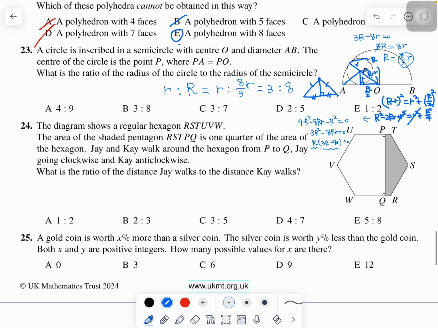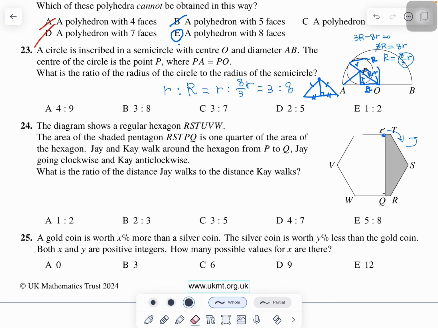Next, 24, regular hexagon, and 1/4 of the area of the hexagon. Walk around the hexagon R to P to Q. Okay, they start from P, J clockwise and K counterclockwise. So in this case, how can we find the distance J walks to the distance K walks? Okay, let's see.